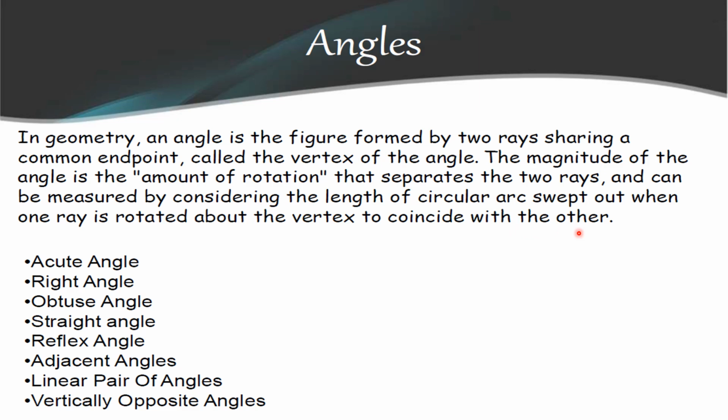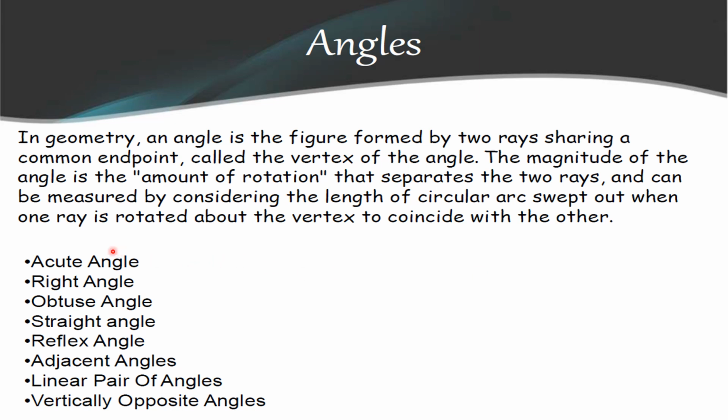This is about an angle. If the first ray is in a standard position, the amount of rotation for the first ray to reach the second ray is said to be an angle. Understood this point, my dear children?